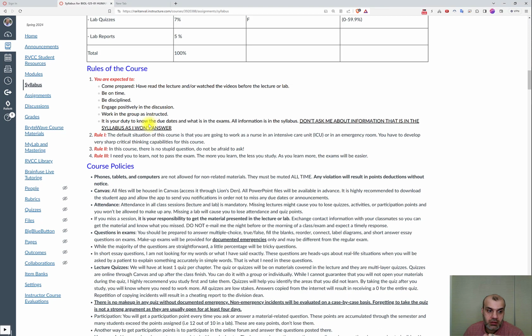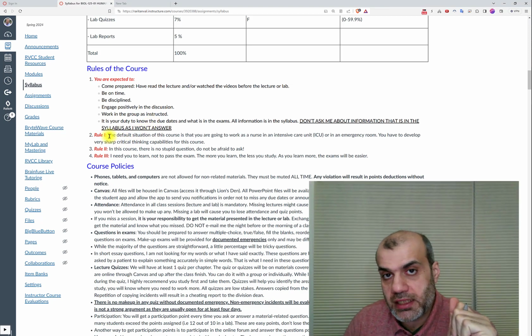Then we have 3 rules. The first rule is that I want you to develop critical thinking skills as if you are going to be a nurse in the emergency room or intensive care unit. Nurses there have very sharp critical thinking. They have to make decisions that will affect patients' lives. Therefore, they have to be really on top of what they know and on top of their practice.